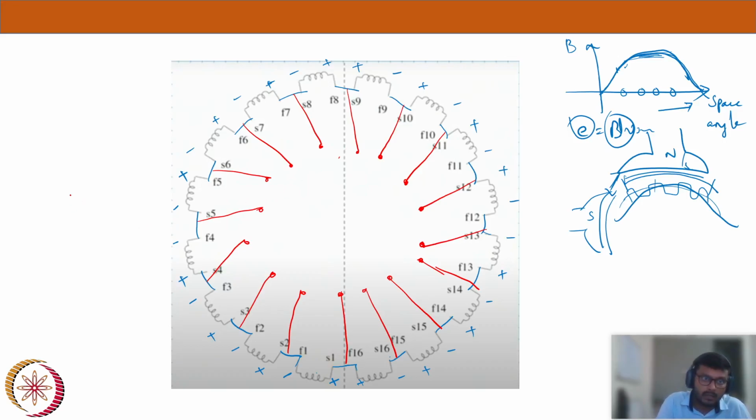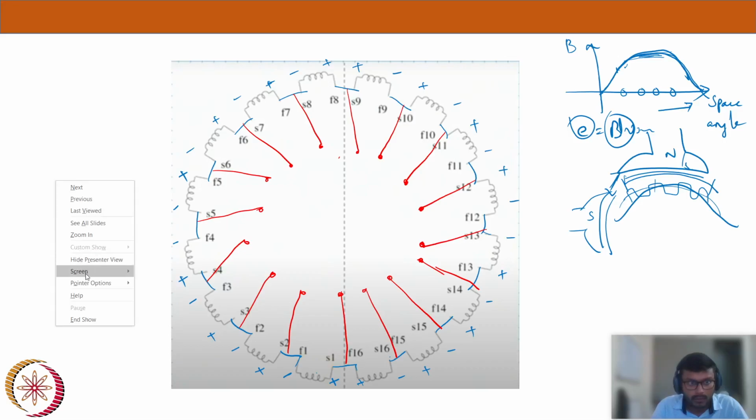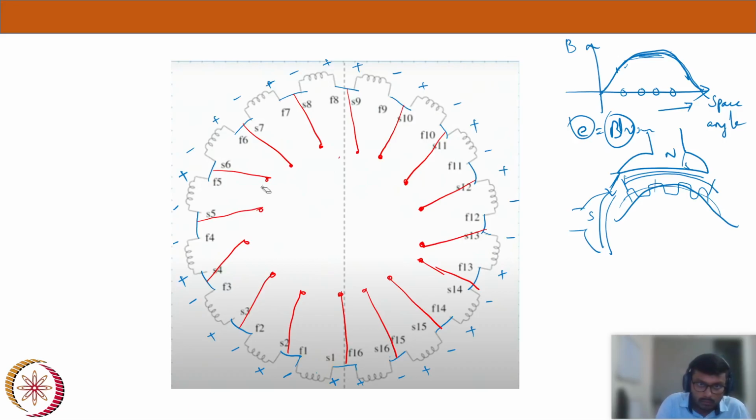Now the brush, let me take another color. This is brush number one, and this is brush number two.